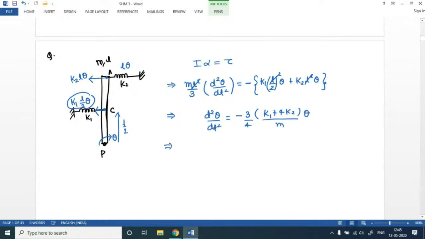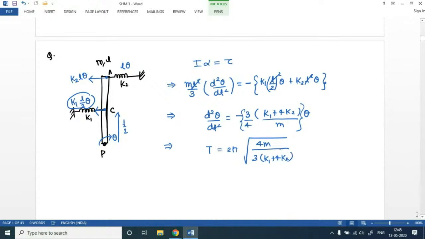So obviously this was the form we were looking for. Obviously the time period would be nothing but 2 pi root under 4m divided by 3 times k1 plus 4 k2. So this was one model.